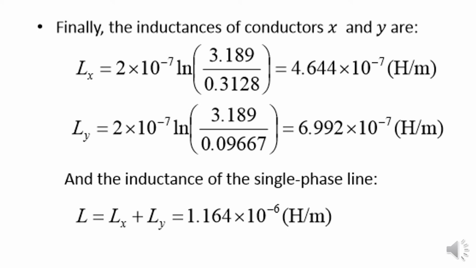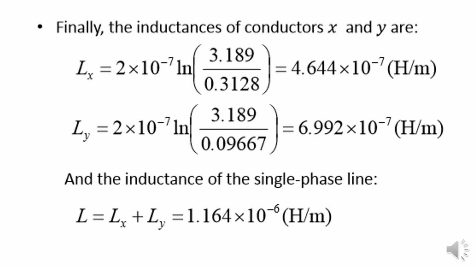So that is the GMD, divided by 0.3128, which is the GMR of conductor x, and finally what you are getting is 4.644 into 10 to the power minus 7 henries per meter. So this is actually 0.4644 microhenries per meter.